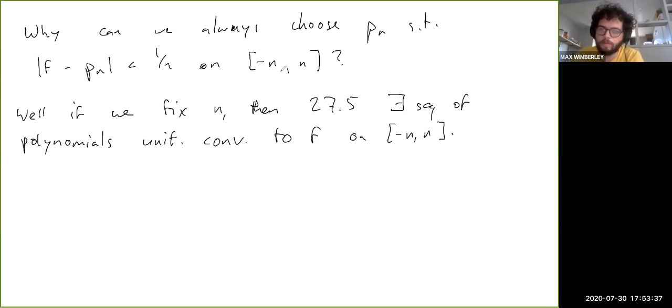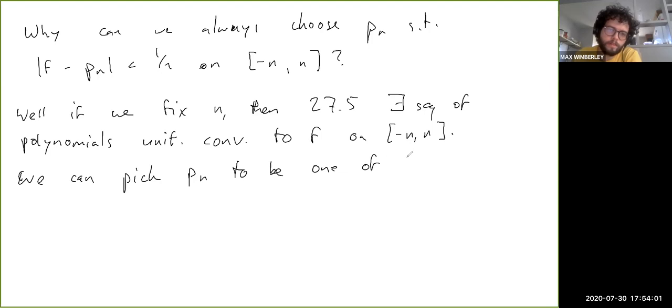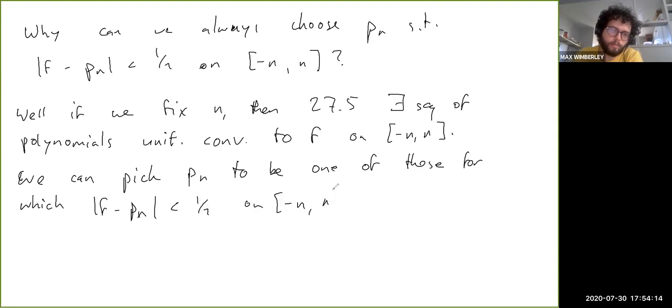There are potentially different sequences for each n, for these different intervals. But the point is that you can pick one polynomial out of each one of those sequences. So we can pick Pn to be one of these for which |f - Pn| is less than 1 over n on [-n, n].